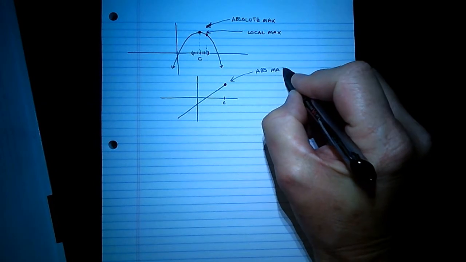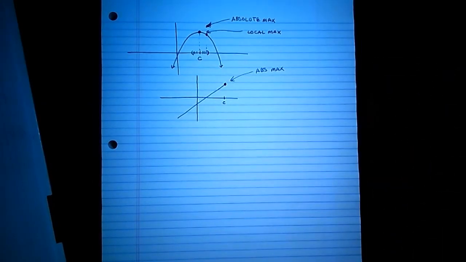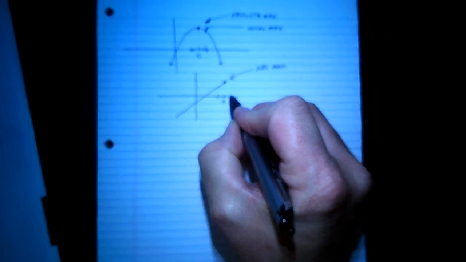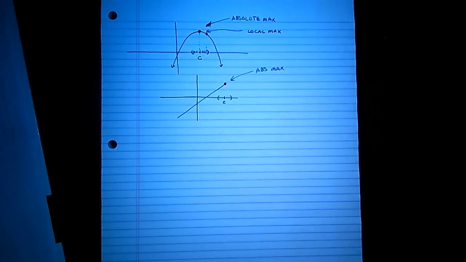Things become a little less clear, however, when we ask ourselves if that's a local maximum. The definition is very specific, and we have to keep that in mind. The definition requires that we put an open interval around C and then decide, based on all the values within that interval, is that my biggest y value? Now, the important thing I said there was all the values within the interval.